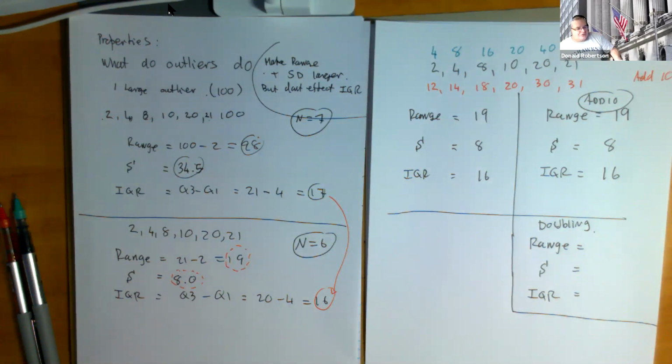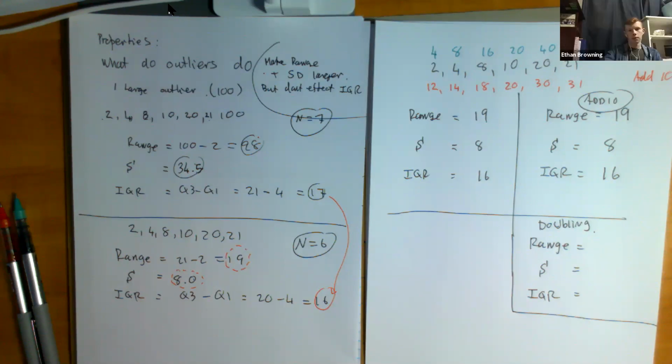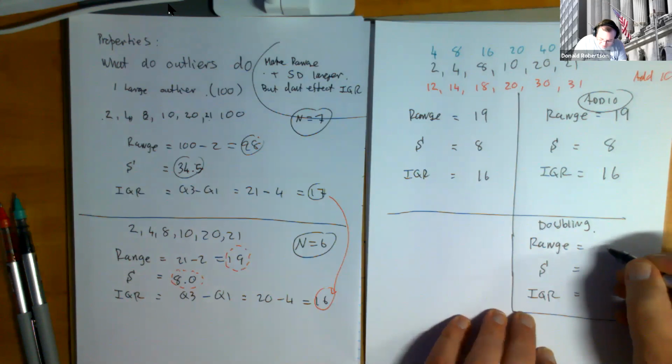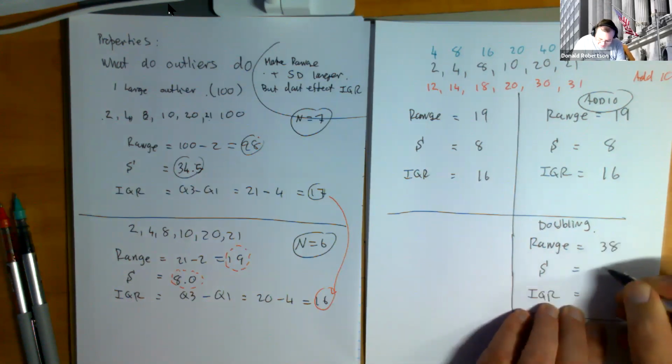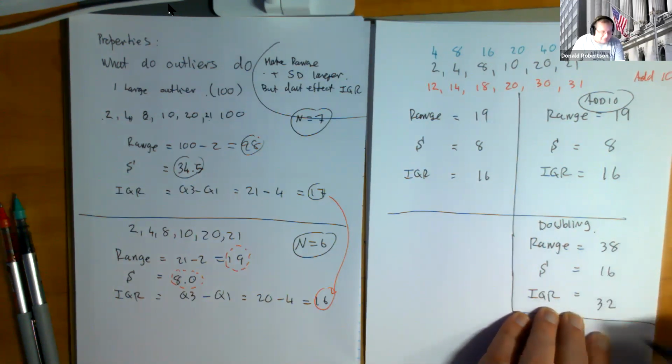If life was simple, what do you think would happen to the range, the standard deviation, and the interquartile range if everybody got double what they used to be? Would it get doubled? It does. So double it, double it, double it.